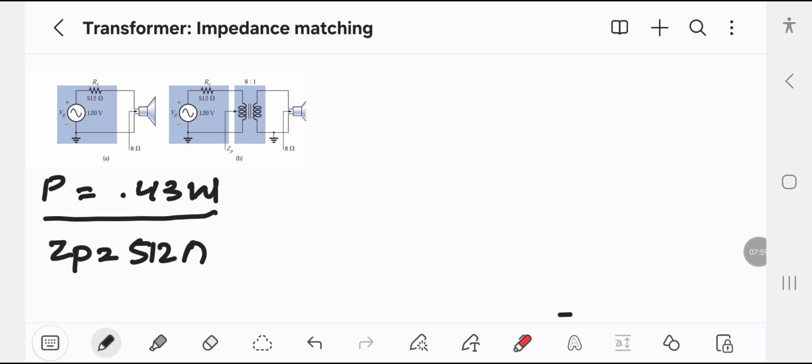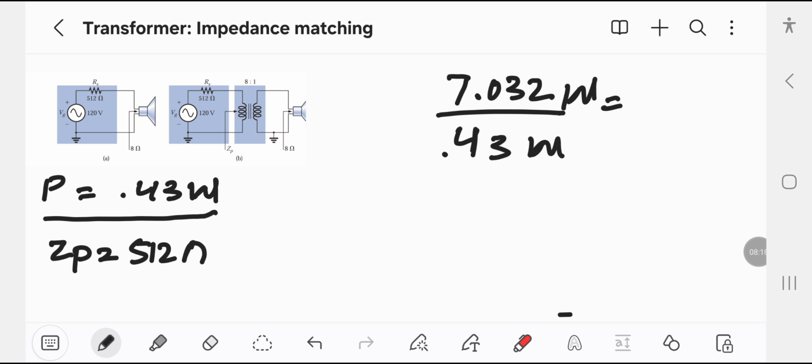Comparing both cases, what happens when we compare the second case to the first one, which is 0.43 watt? The ratio is about 16.5, which means the power delivered to the load is 16 times greater because of putting the transformer in the first case.